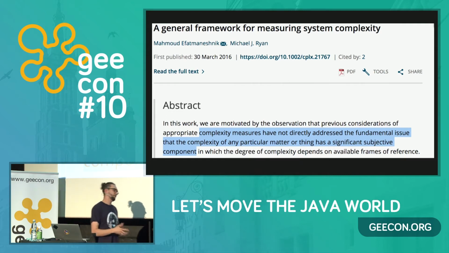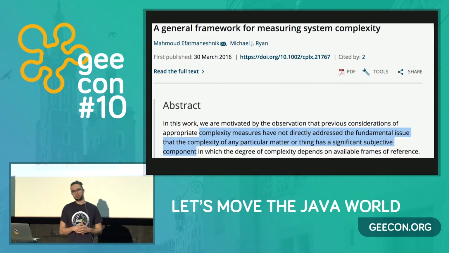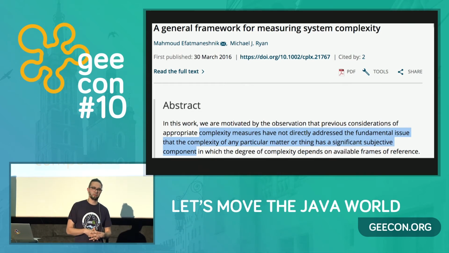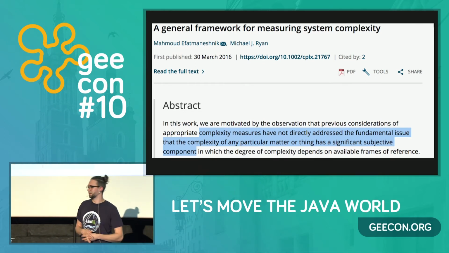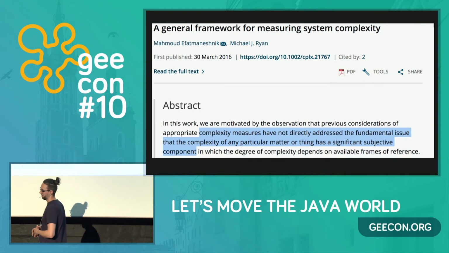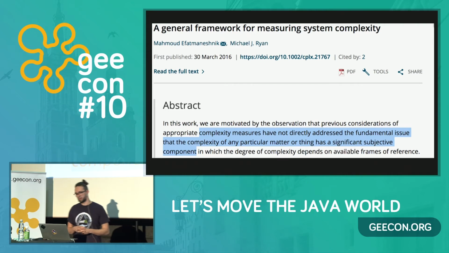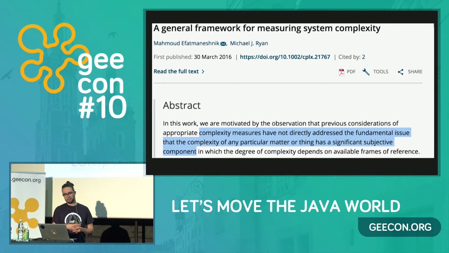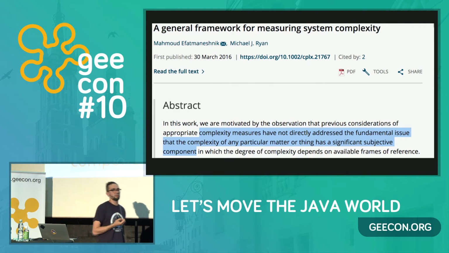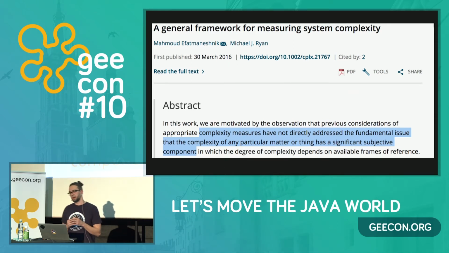I thought that might be a compelling thing, so I looked over the internet for whether there have been some initiatives to do exactly that, and found this fairly recent paper, from March 2016, where they concluded that at a system level, complexity has very significant subjective components that are very hard to model.